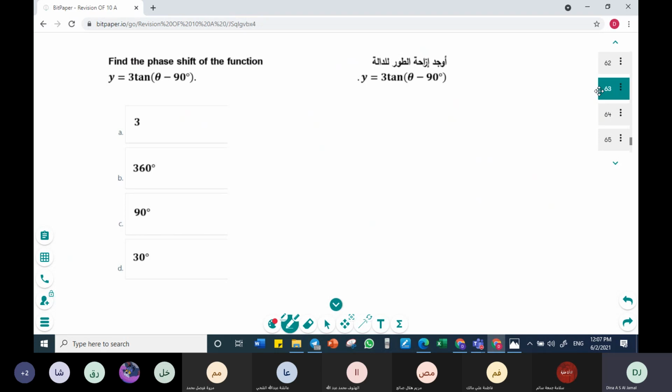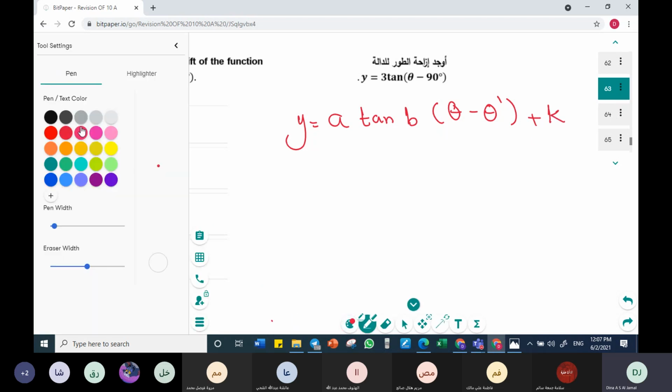Find the phase shift of the function y equals... Let's write the general form of the tan: A tan B theta minus theta prime plus k. So let's pay attention.